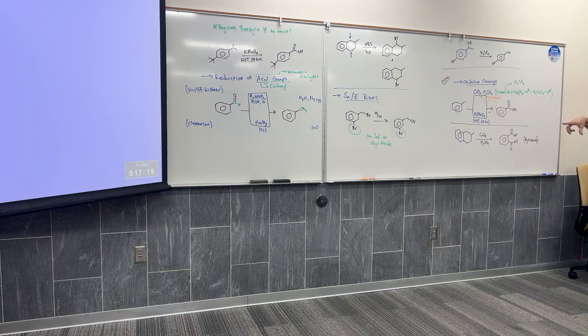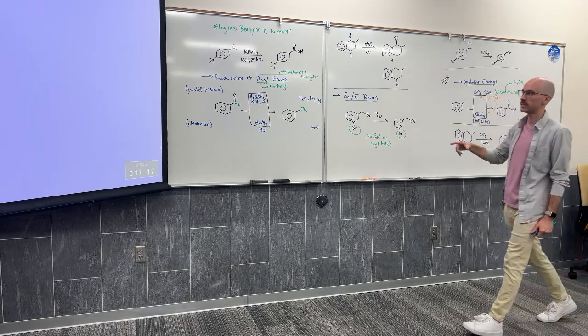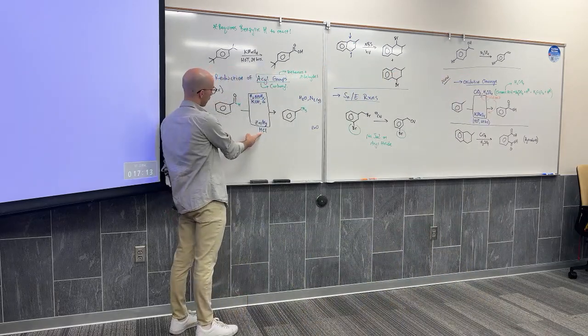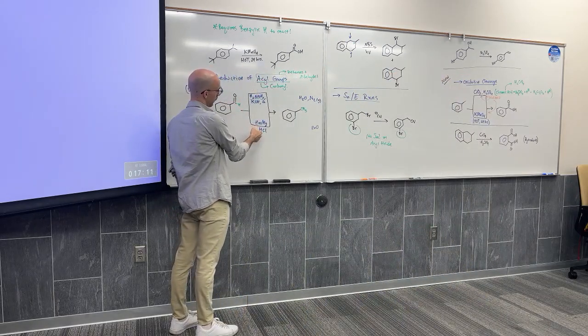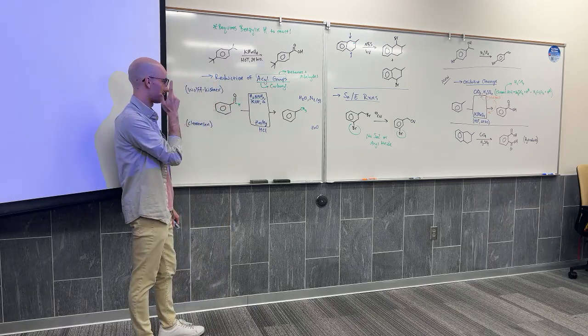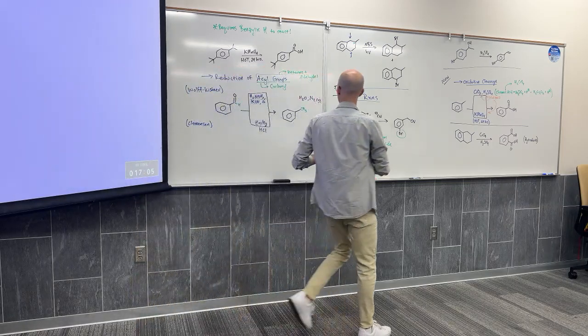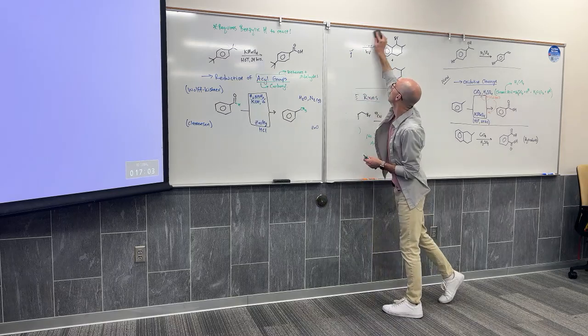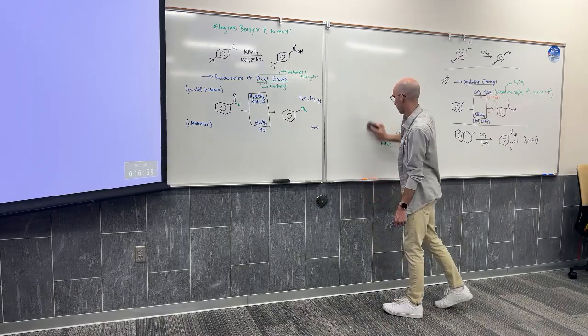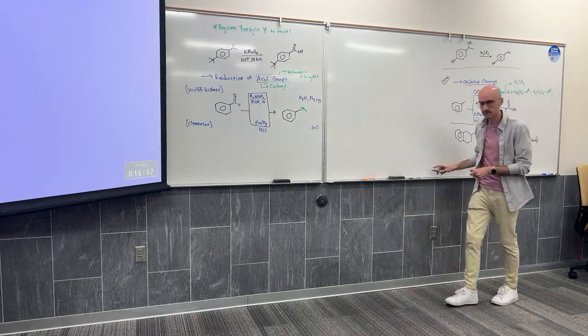The hydrochloric acid is the hydrogen source. One equivalent of HCl per bond to oxygen that needs to be removed. All right?